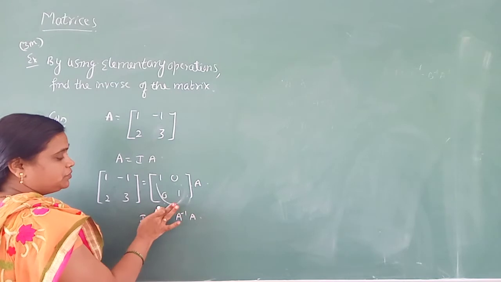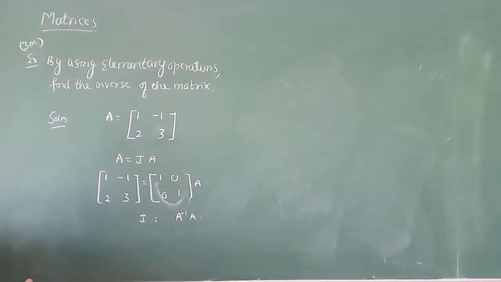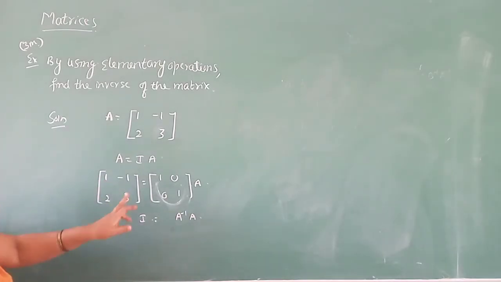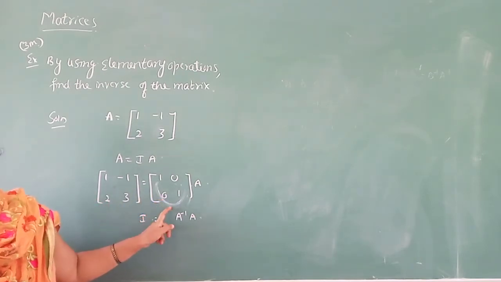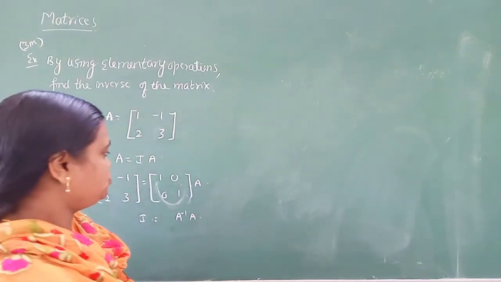Like this we have to convert. The 1 is already there. Only the 2 can be converted into 0 by using elementary row operation. I will tell you how.